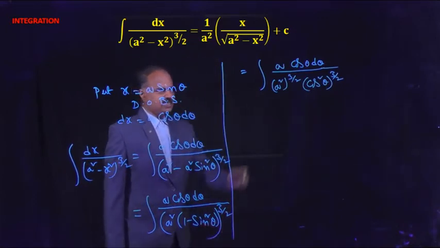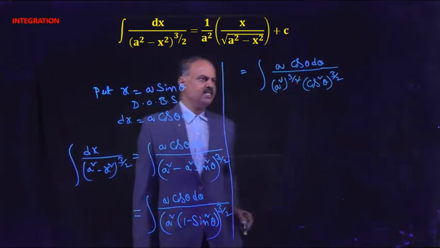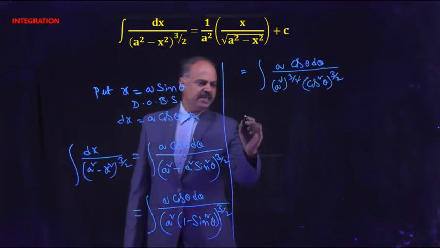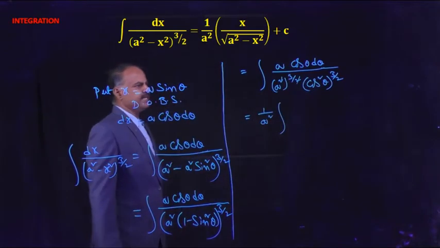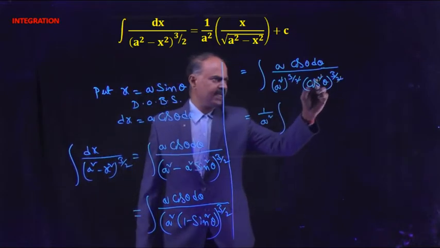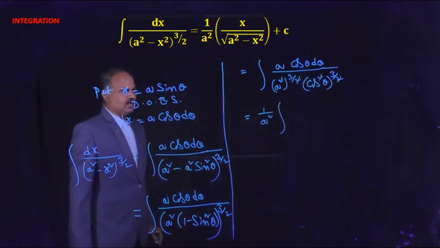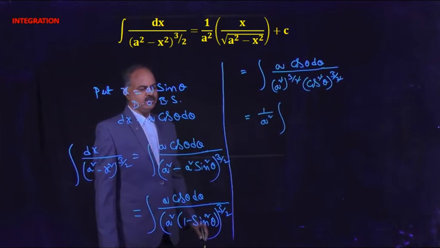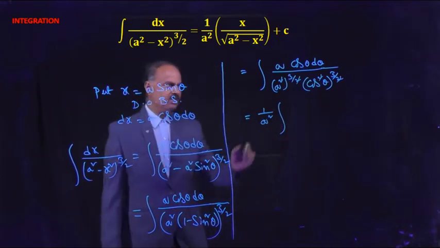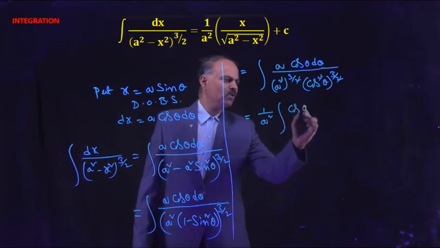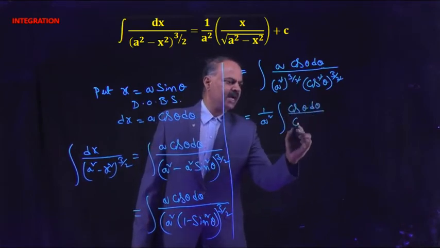Now here this 2 and this 2 get cancelled. Now this is a by a cube, that is equal to 1 by a square into integral, here this 2 and 2 get cancelled, cos theta into d theta divided by cos cube theta.